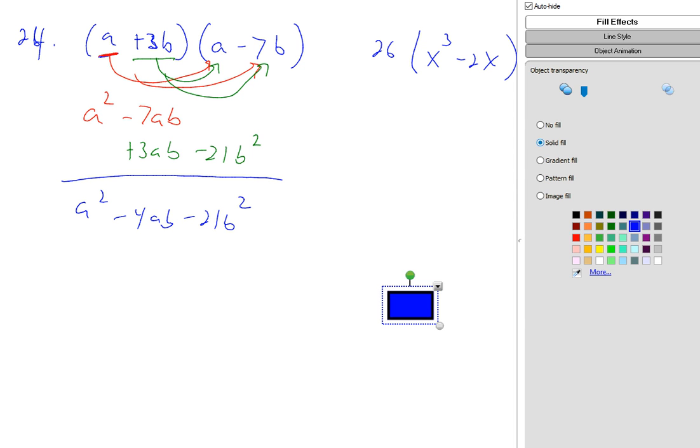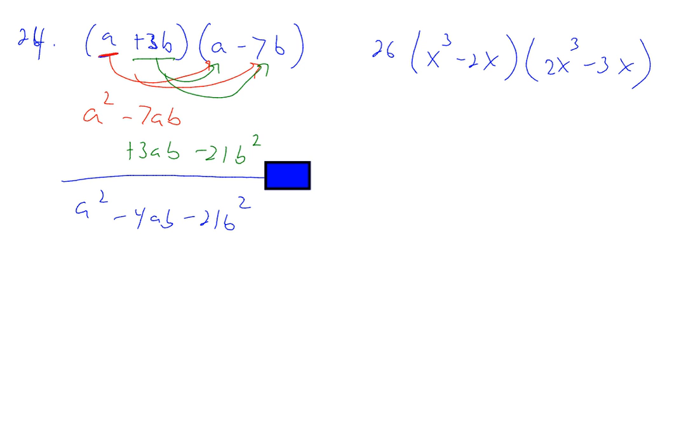If the problem was just a in front of a minus 7b, wouldn't everybody give me a squared minus 7ab? I would hope so. That's the first part of the problem. The second part is treat it as if it's a 3b in front of the a minus 7b and distribute that, and you get a 3ab minus 21b squared.